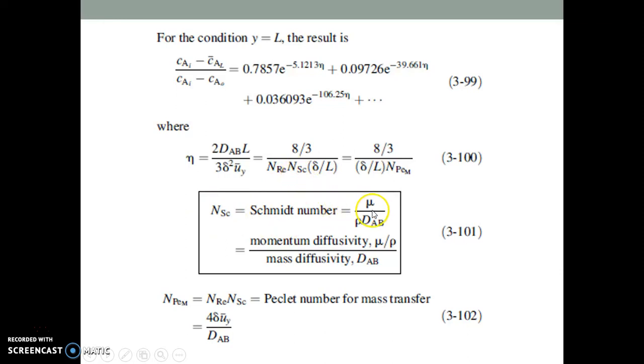The Schmidt number is equal to mu over rho D_AB, which is the momentum diffusivity over the mass diffusivity.